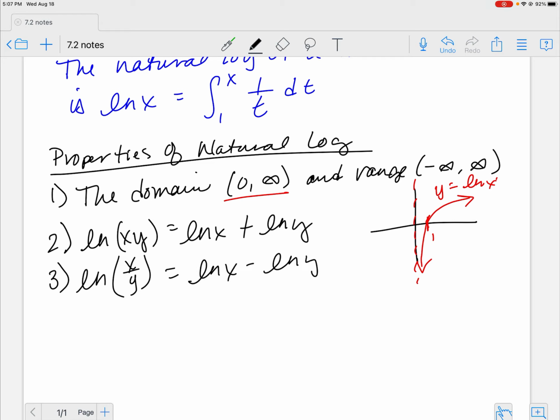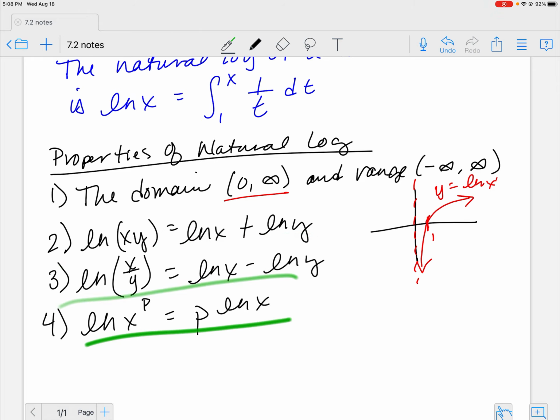Yeah, subtraction, right? Natural log of x minus the natural log of y. If I have the natural log of x to the p, you can take that exponent and bring it in front to get p times the natural log of x. That's the power property. We've got product, quotient, and power. Those are our 3 properties that we're looking at.